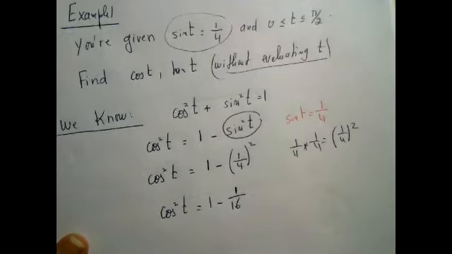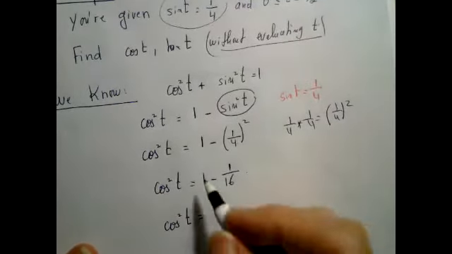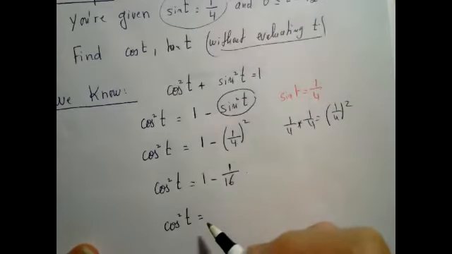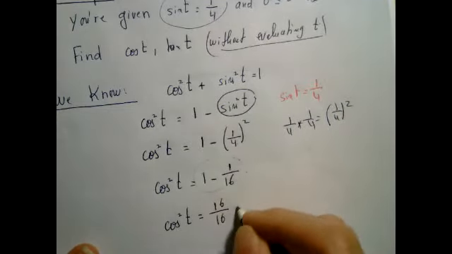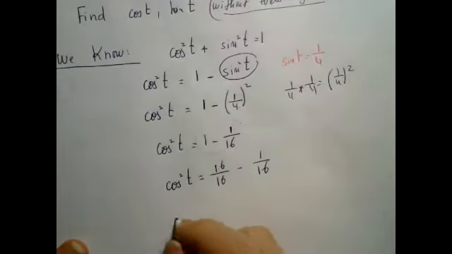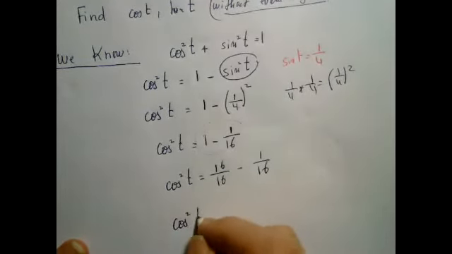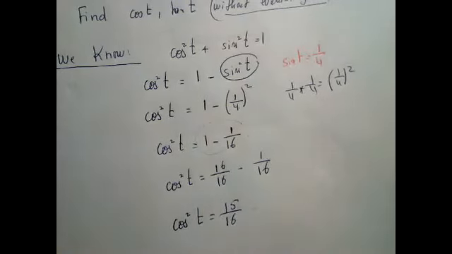I just want you to be able to do the algebra correctly. So cosine squared equals 1 minus 1 over 16. To simplify this, I need to find the common denominator. So it's 16 over 16 minus 1 over 16. It means the cosine squared equals 15 over 16.